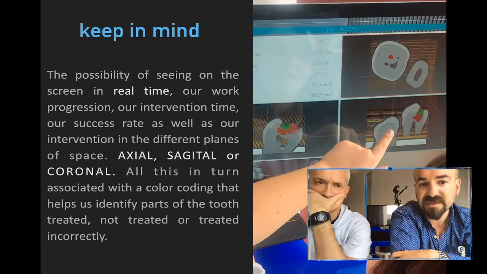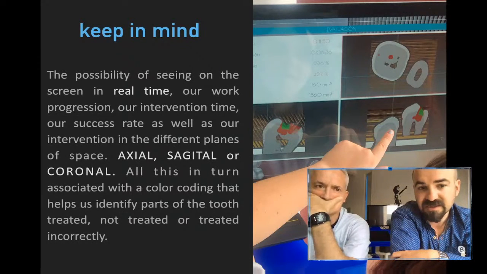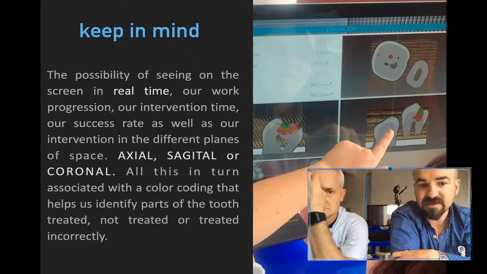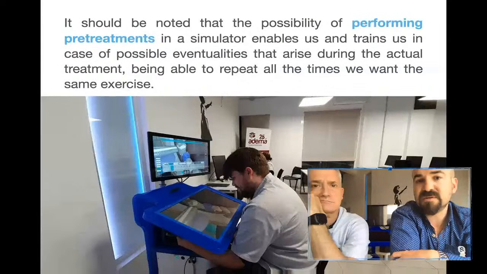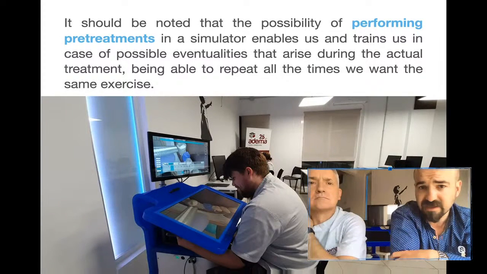We can see our work progression and intervention time, our success rate, as well as our intervention in the different planes of space: axial, sagittal, or coronal. All this is in turn associated with a color coding. The possibility of performing pre-treatments in a simulator enables us and trains us for possible eventualities.